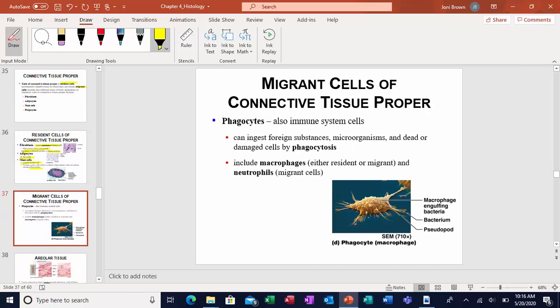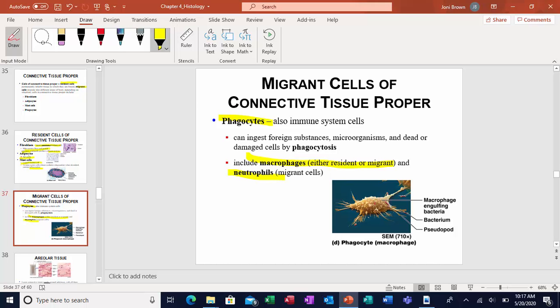The migrant cells that move in and out, the first is your phagocytes. These are also functioning immune system cells. What they do is they eat. Phago means eat, cyto means cell. They eat cells that are dead or damaged, or microorganisms or foreign substances. And this would include macrophages that can be resident or migrant, and neutrophils that migrate in and out.